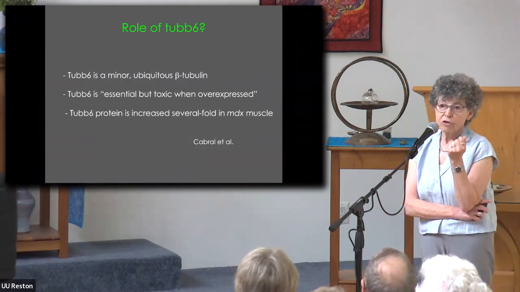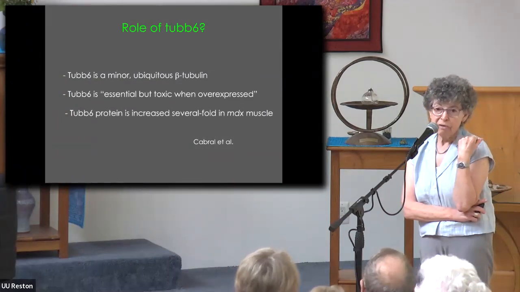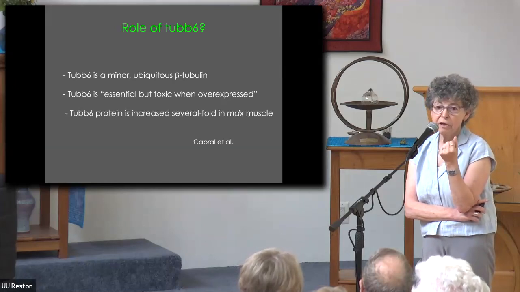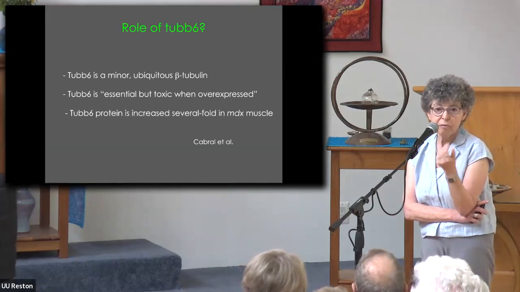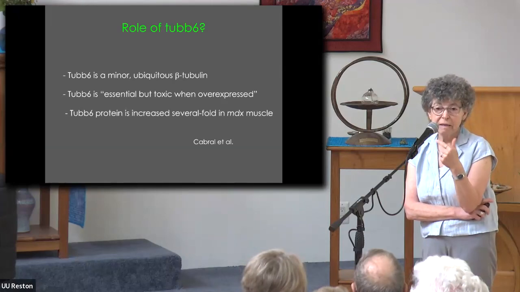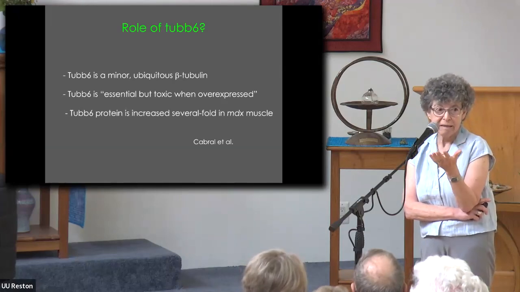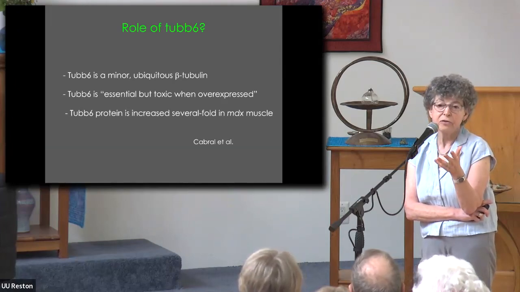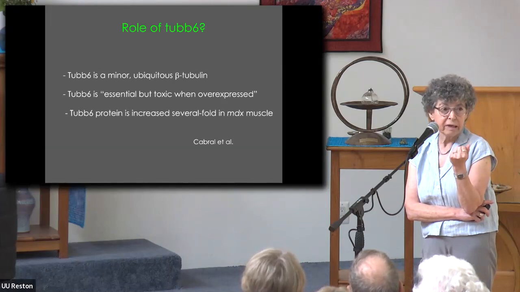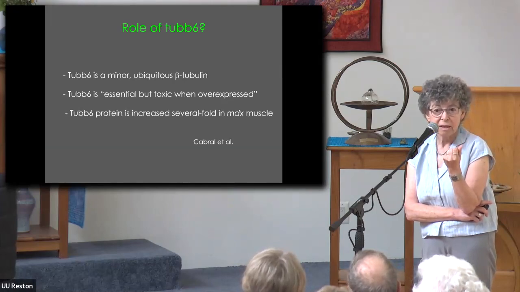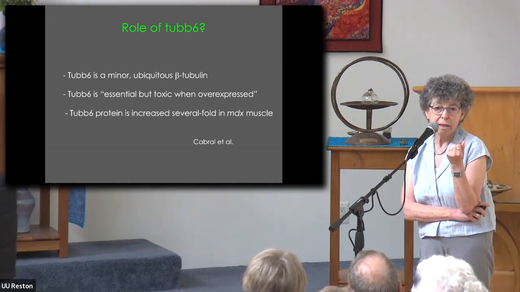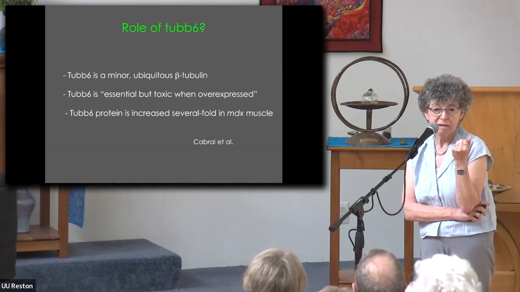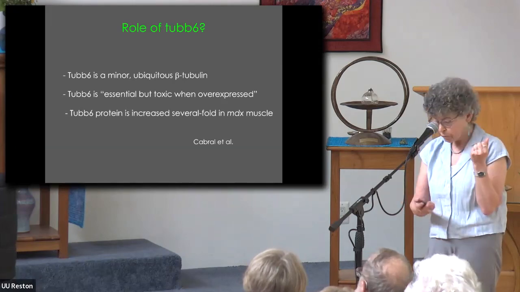And what our colleagues and we found also is that in all the models of this disease, whether in the mouse or, in their case, real samples, TUBB6 was very much increased, 3-fold, 5-fold. So if that tubulin is really toxic, we thought that might be a reason why the microtubules in this disease were disordered.